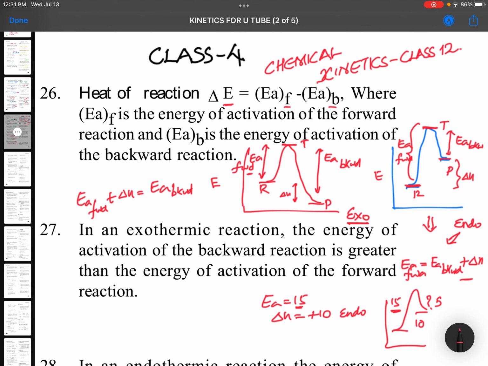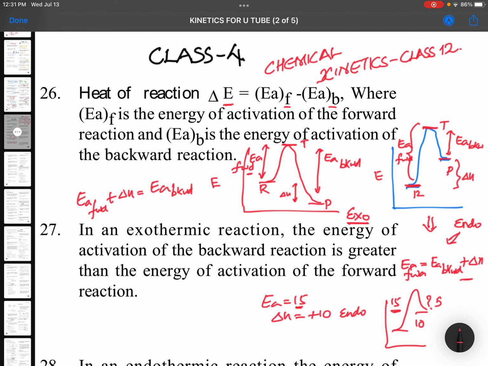In an exothermic reaction, the energy of activation of the backward reaction is greater than the energy of activation of the forward reaction. You can see this in the graphs I mentioned, and this is the same thing we are explaining here.